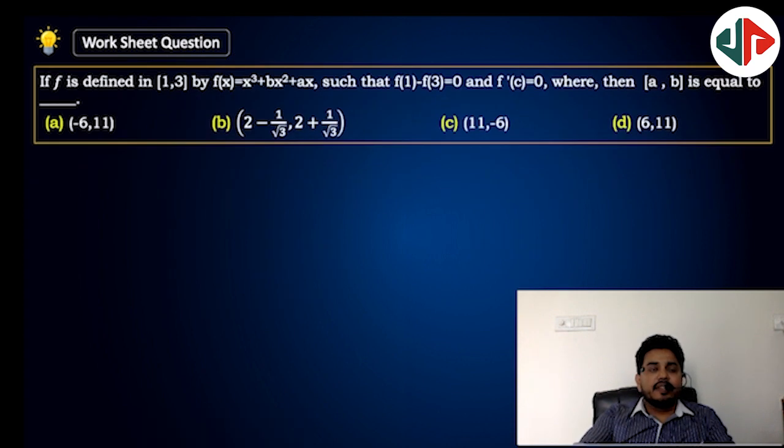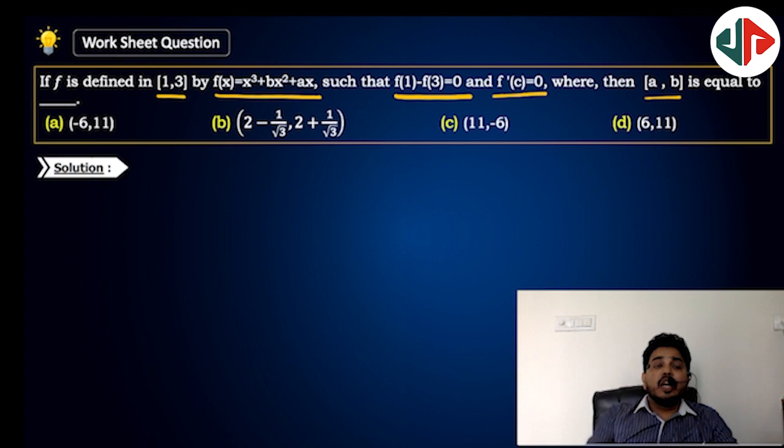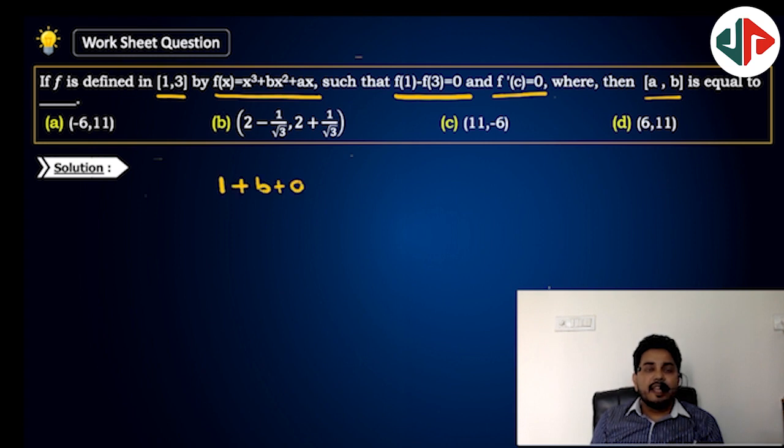Next question: f is defined in the interval 1 to 3 by f of x equal to this one, such that f of 1 equals f of 3 and f dash of c is 0, then what is this? Here they are going for Rolle's theorem. So f of 1 is equal to f of 3. So 1 plus b plus a is equal to, substituting 3, 27 plus 9b plus 3a.